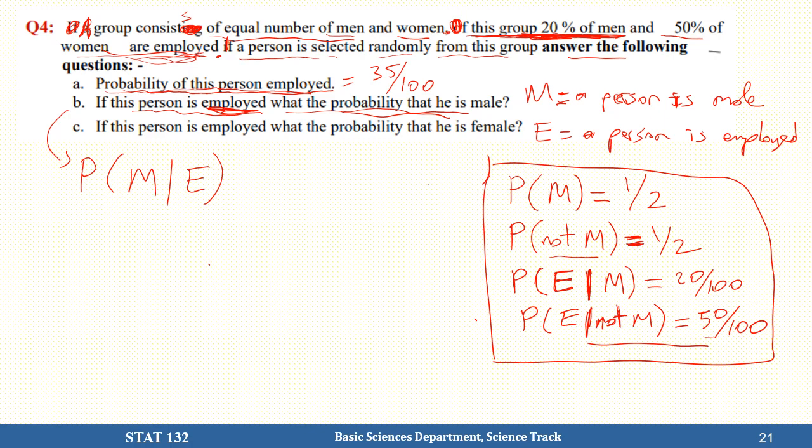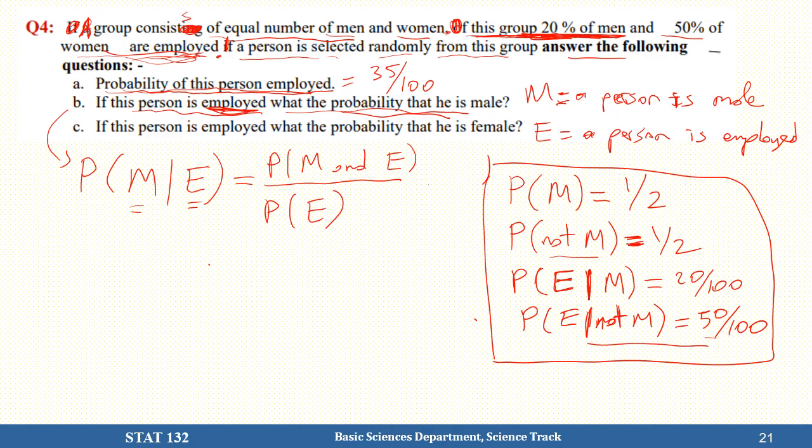So we have to find this, what's the probability of male given that he is employed. So again, we can use the conditional probability rule, the probability of male and employed divided by the probability that he's employed.